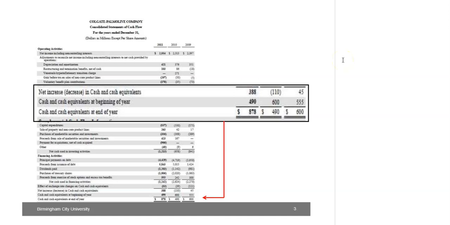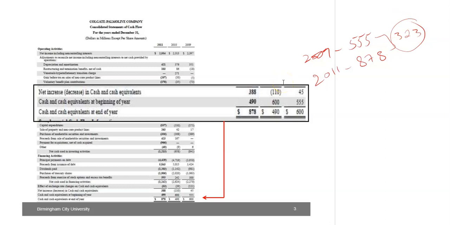The beginning balance at the start of 2009 is $555 million. And at the end of 2011, the closing balance is 878 million. This represents a 323 million increase in the cash for Colgate-Palmolive over this period.